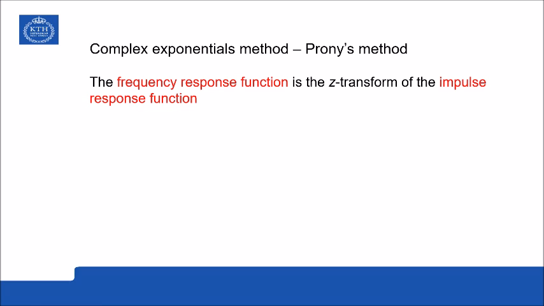So next thing we want to make use of when we continue the derivation of Prony's method is that we note that the frequency response function is actually the Z transform of the impulse response function.